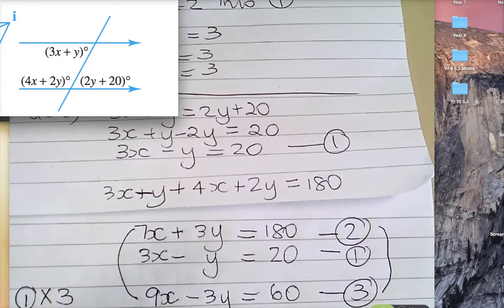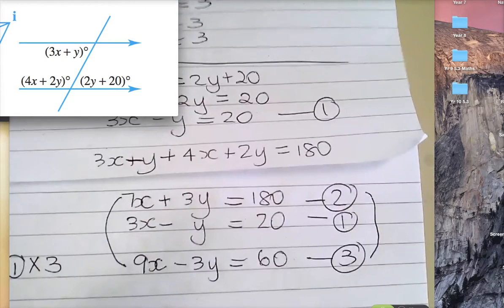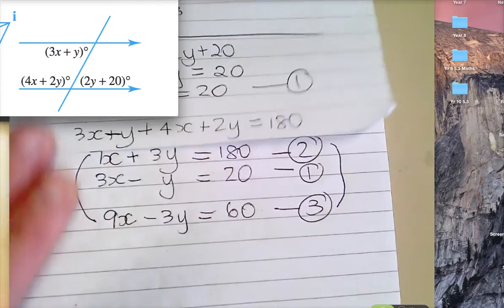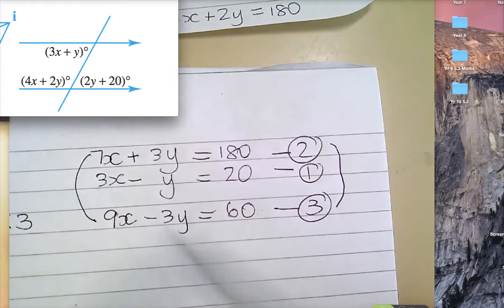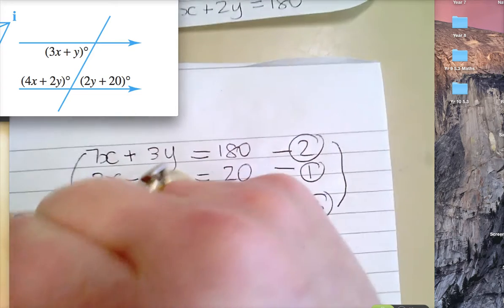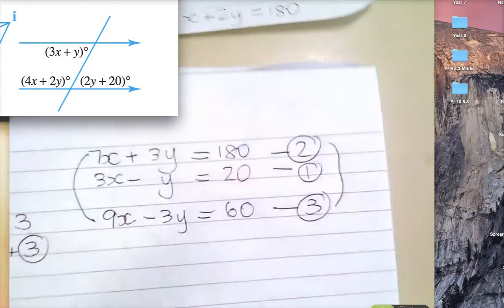Be careful. The reason I want to do this, I want to ask you if you're going to add or subtract them. I'm going to add them. Why? Because they're exact opposites. A plus 3y and a minus 3y cancel when you put them together. So we're going to do equation 2 plus 3.